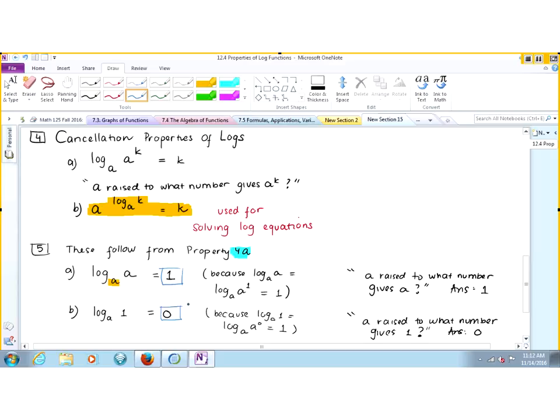Let's see, what other properties do we have? Nothing. So let's use the properties together.